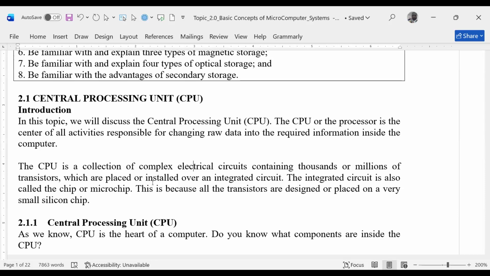This integrated circuit or transistor is also called a chip or microchip. So in computing, when you hear chip or microchip, it's the same as the CPU, the same as the processor.